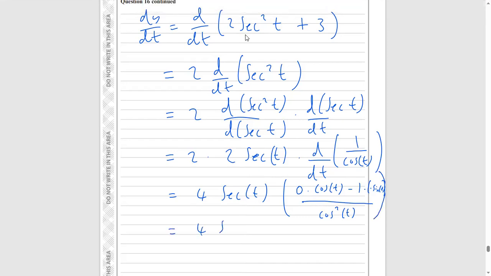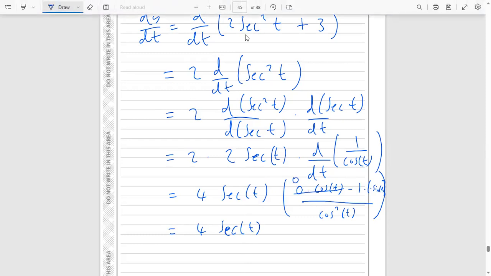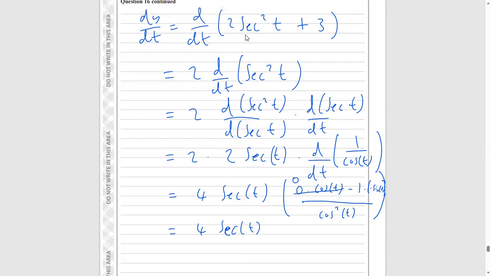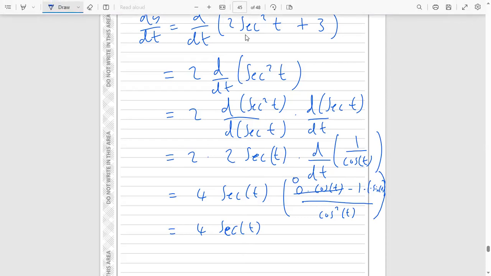So we get 4 sec t, and then times, obviously 0 times cos is just 0. 0 take away 1 times minus sine t, so minus sine t is a positive sine t.